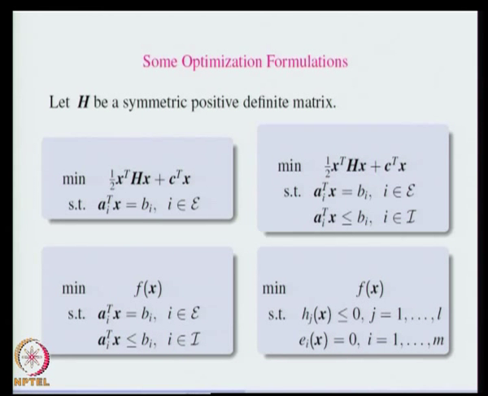So, this is going to be the outline of our discussion for the rest of the course. If the function f is convex, h_j(x) is also convex and e_i(x) are affine, then this program will be a convex program, and there exist some efficient algorithms to solve convex programs. So, we will also see some of those methods.